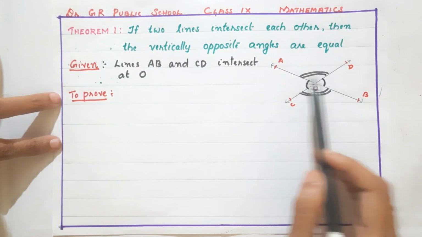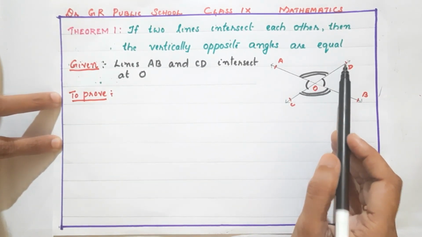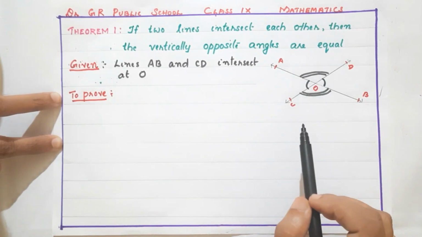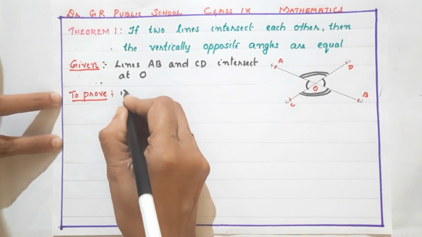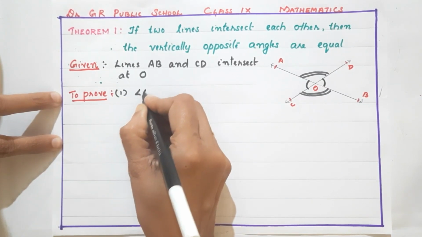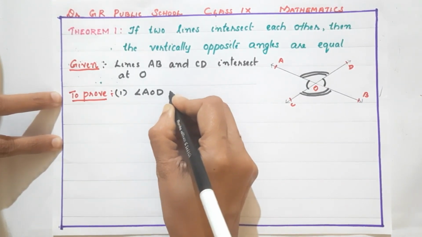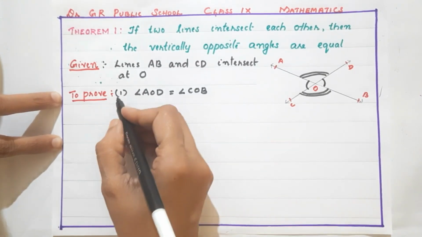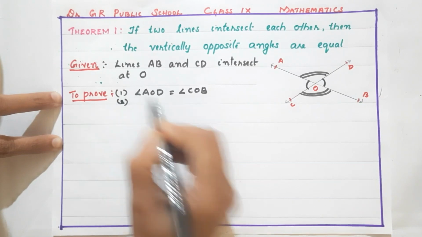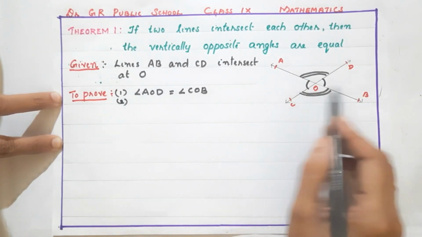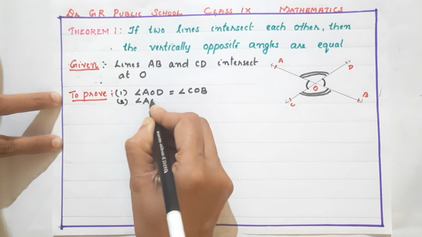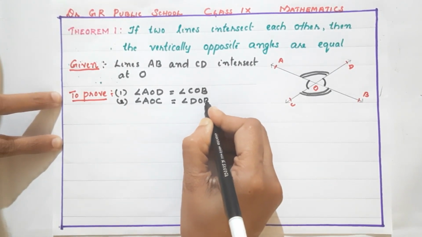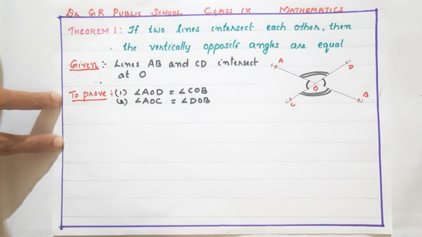Another pair, AOD is equal to COB. So here we have to prove two things. First, we have to prove angle AOD equals angle COB. Second, another pair of vertically opposite angles, angle AOC equals angle DOB. So these two things we have to prove.